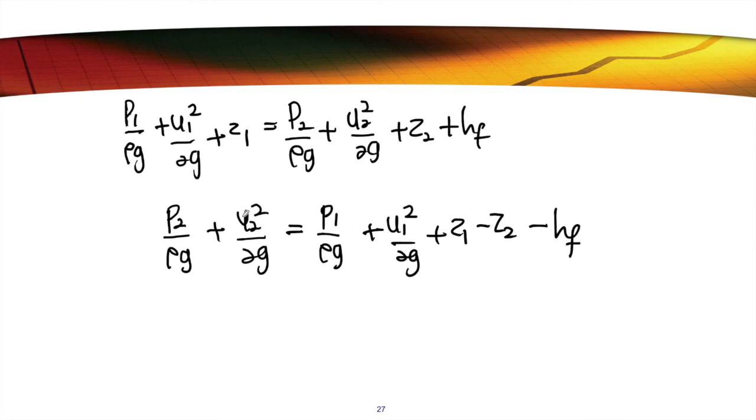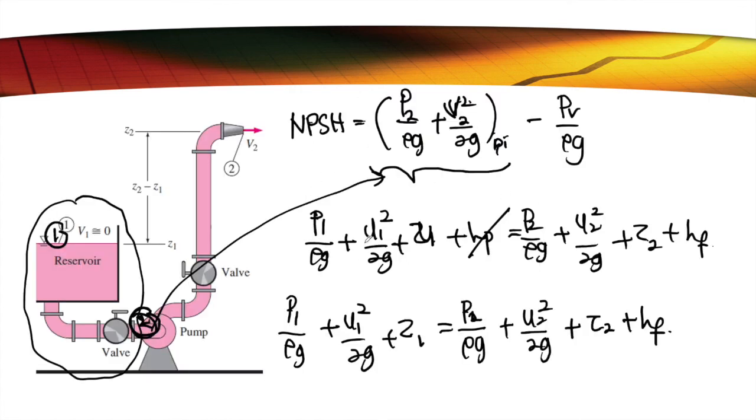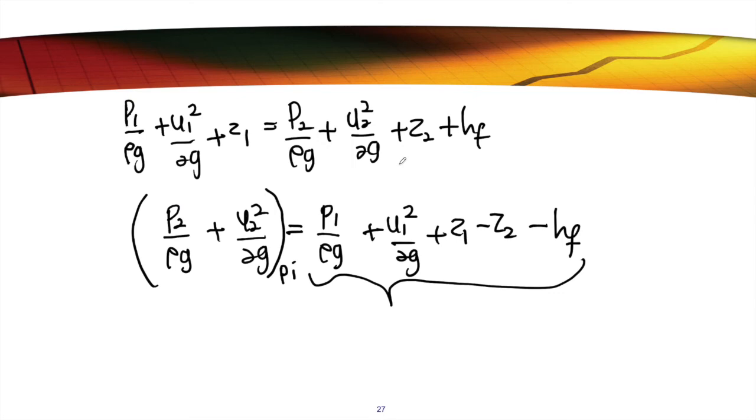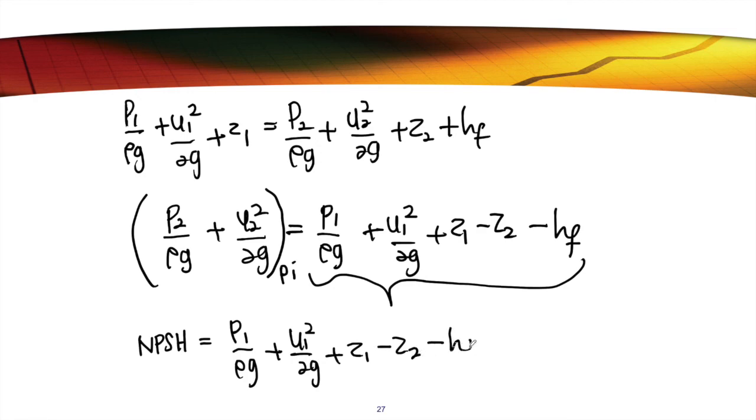This is your equation, so take out this equation and substitute into this equation. Your NPSH is equal to P1 over rho g plus U1 squared over 2g plus Z1 minus Z2 minus HF minus PV over rho g.